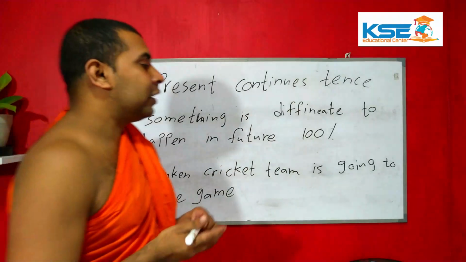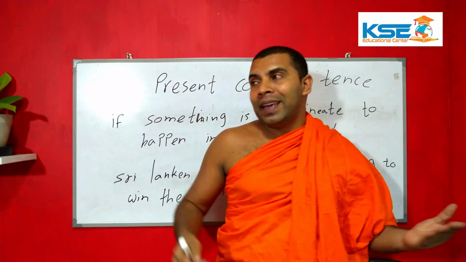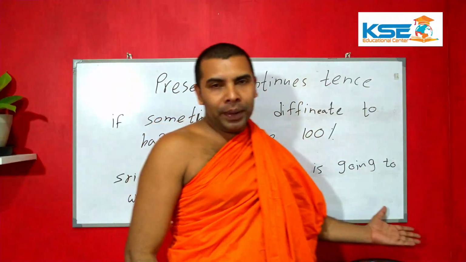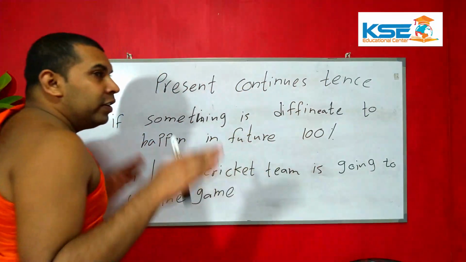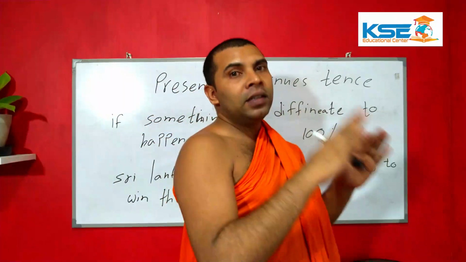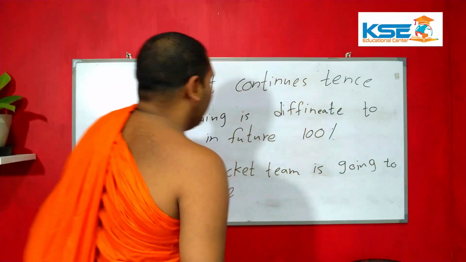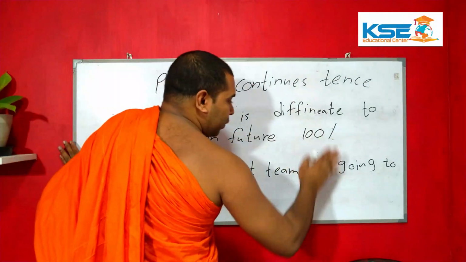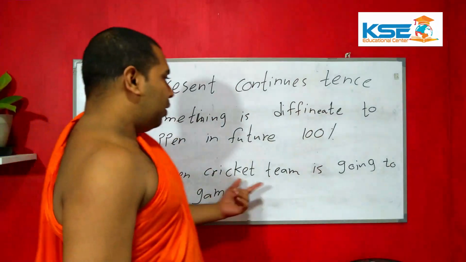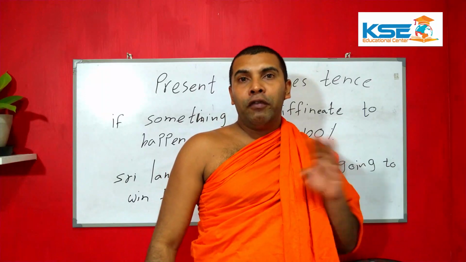Sri Lankan cricket team is going to win the game. We are 100% sure it's going to happen. So the Sri Lankan team is good enough to face the next cricket match. So they are definitely going to win the game. So that is the fifth rule of the continuous tense.